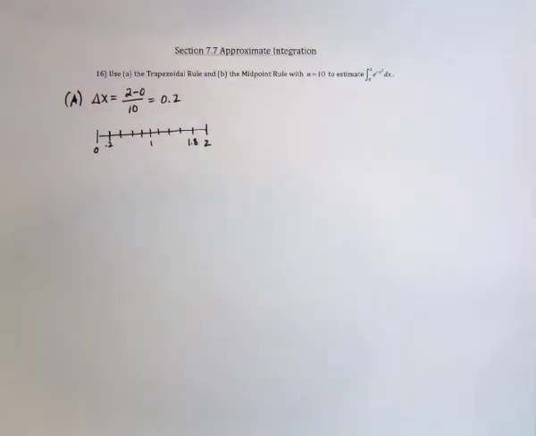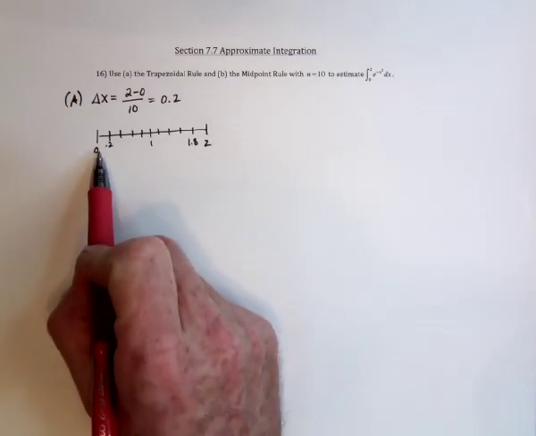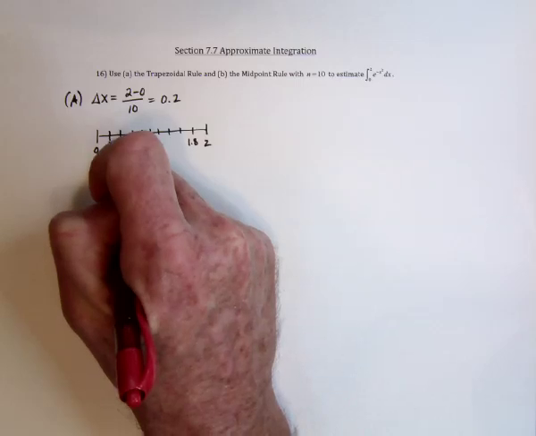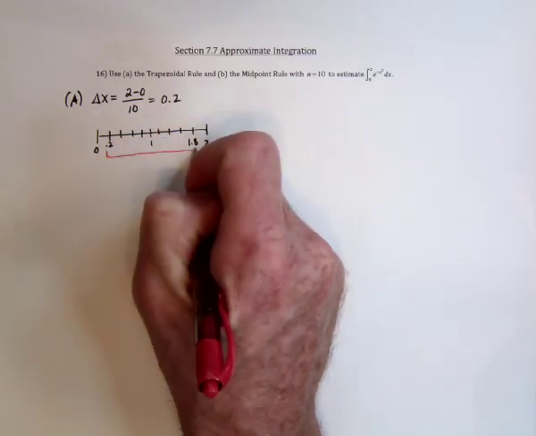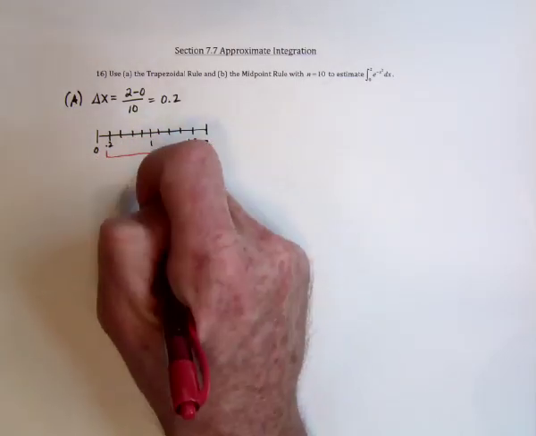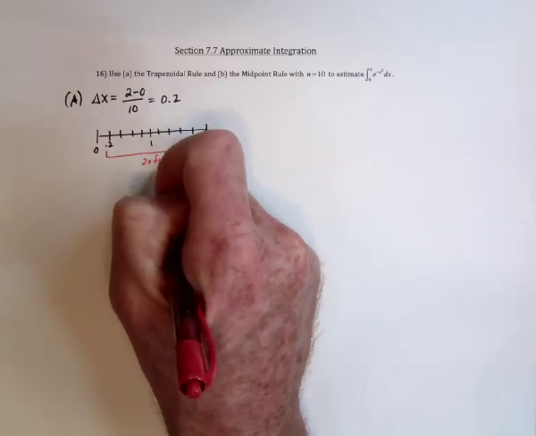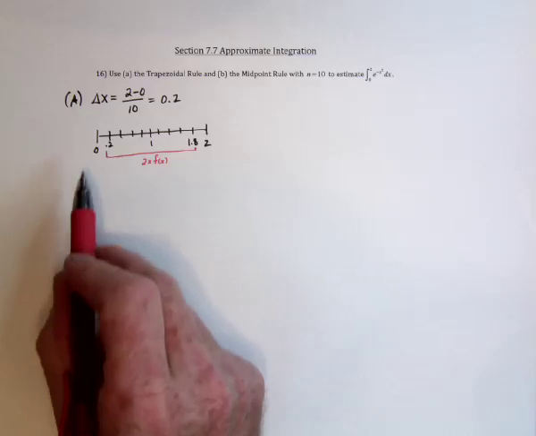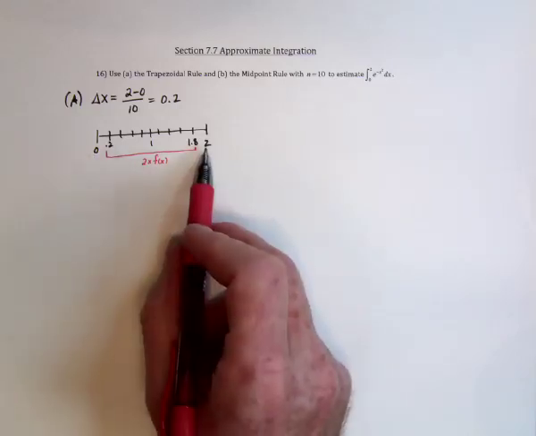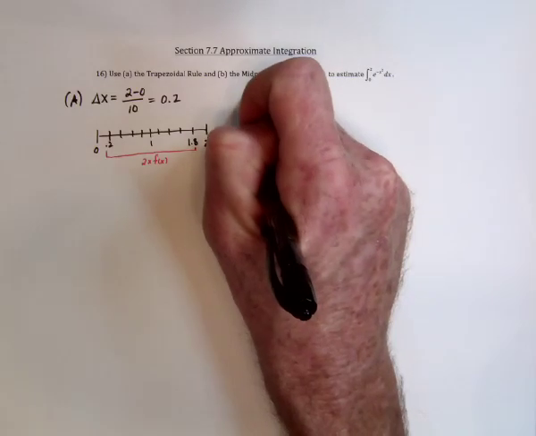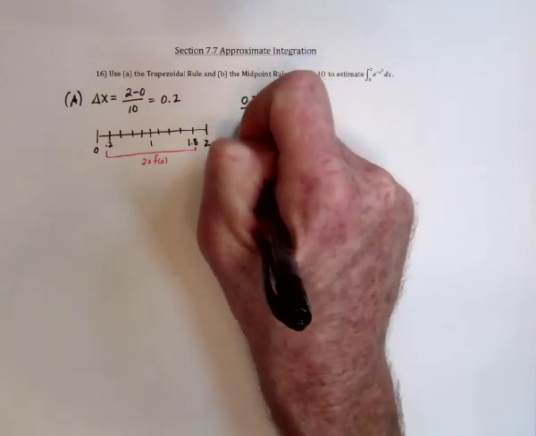With the trapezoidal rule, you substitute all of these numbers into the function. The middle ones are all going to be multiplied by 2, so it's 2 times f of x. And then the first one and the last one, you just substitute into the function. Then all of that is multiplied by delta x over 2.